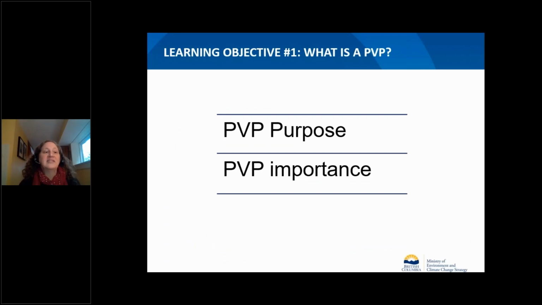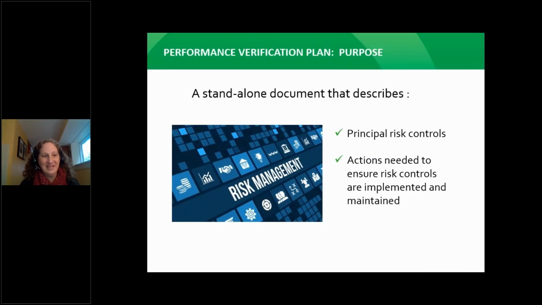Let's first discuss the purpose and importance of a PVP. Next slide. When a contaminated site requires risk controls to mitigate contaminant migration or ensure that there are no exposure pathways, a performance verification plan will be required.